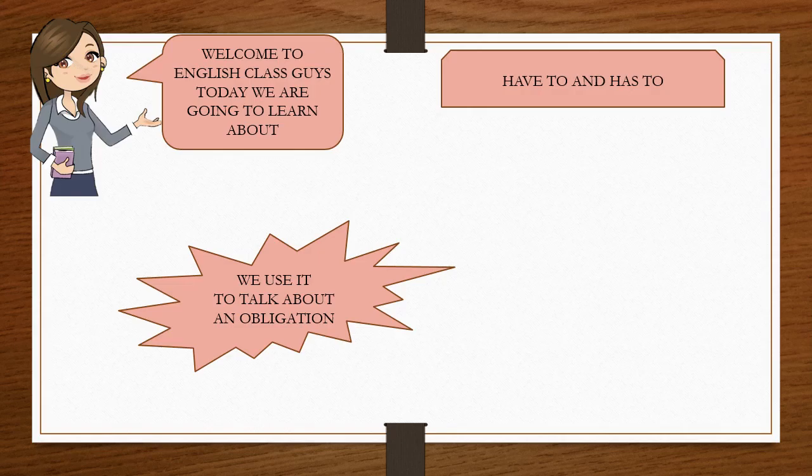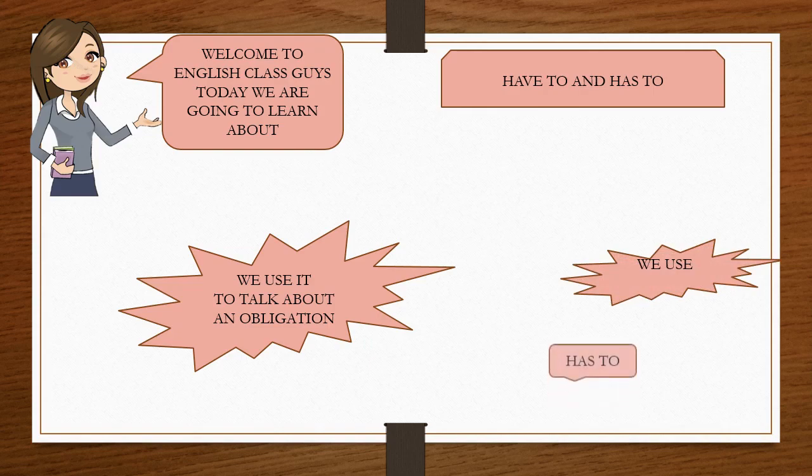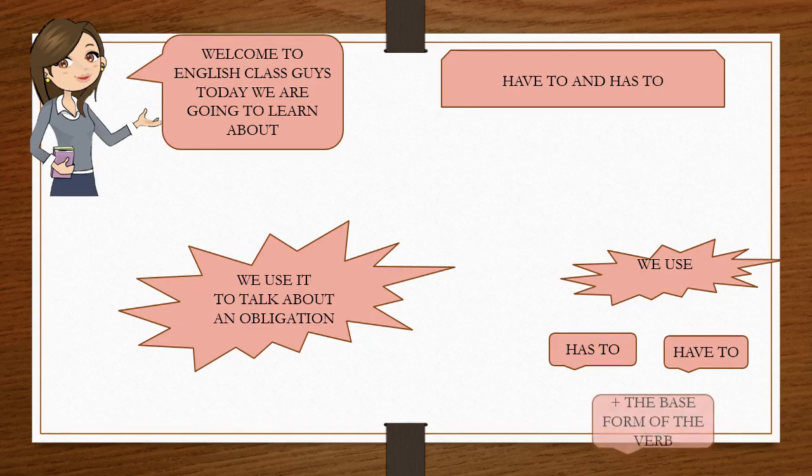That's why it says to talk about an obligation. We use has to or have to plus the base form of the verb, but we are going to see this later on. Let's continue with the lesson.